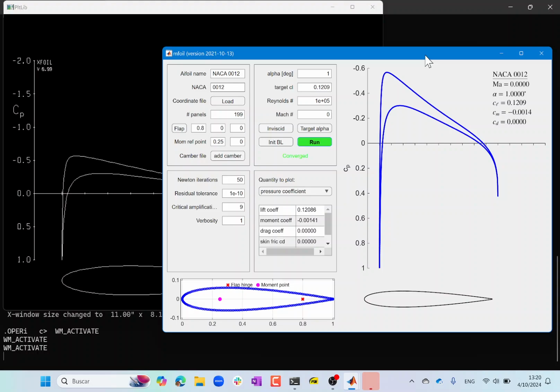So the upper surface has a lower pressure, which is higher on the negative Cp plot, on the reversed Cp plot. Okay, and take a moment to think about what is the function that describes the difference in the pressure between the upper and lower surfaces.